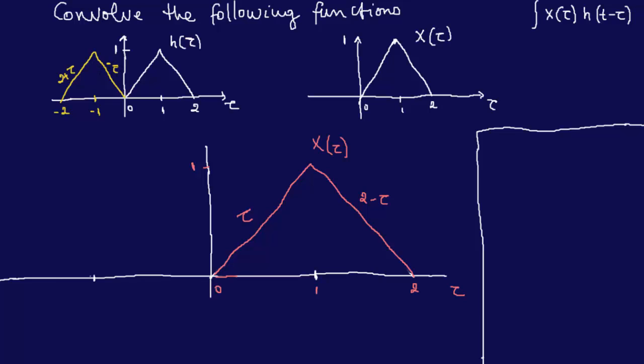Okay, now we have to shift it by t in order to get h of t minus tau, that's what we're trying to get here. If you shift it, what you're adding is a t here. Say for instance you want to shift it to the left by -3.